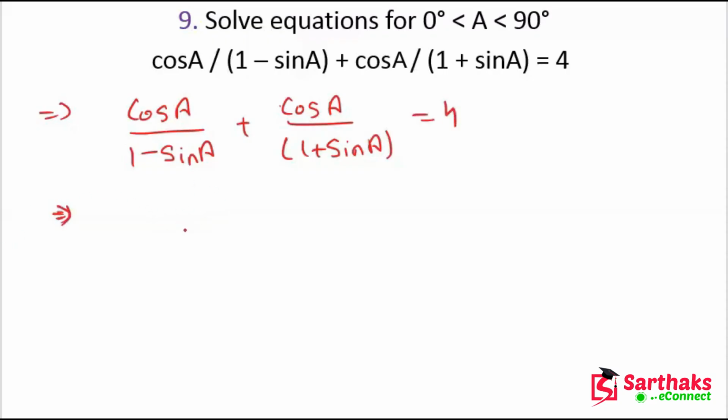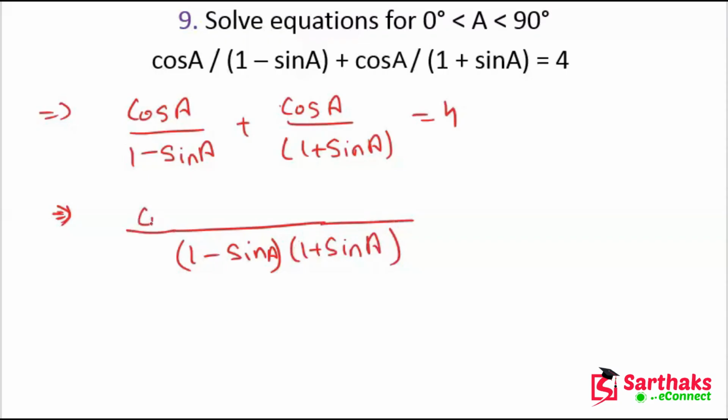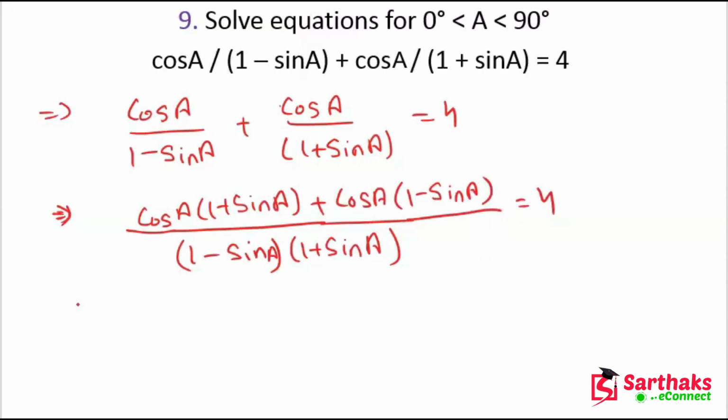First of all, we have to take 1 minus sin A and 1 plus sin A as the LCM. So this will become cos A multiplied by (1 plus sin A) plus cos A multiplied by (1 minus sin A), and this is equal to 4.